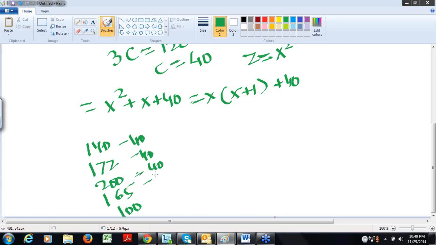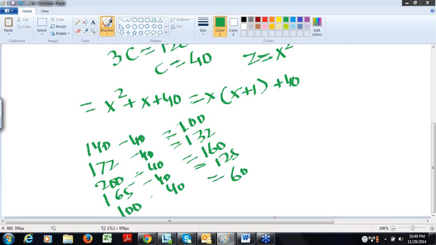So it will be what? 100, 132, 160, 125, and 60. Now x into x plus 1 is 100 or 132 or 160.